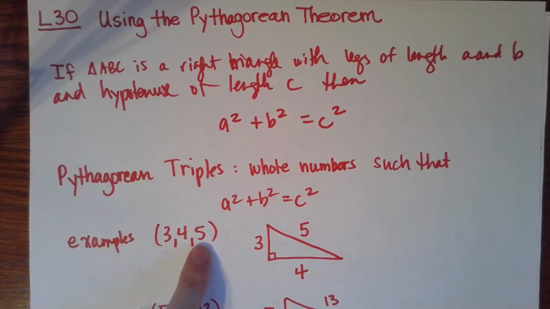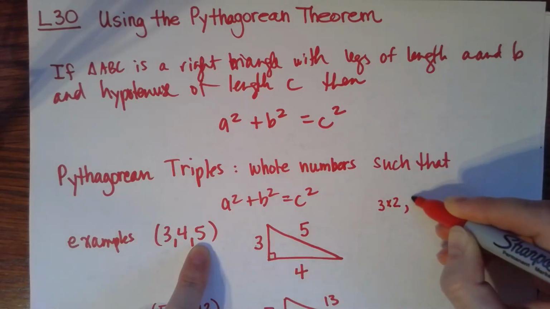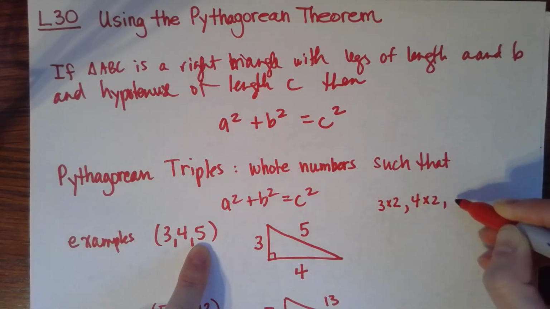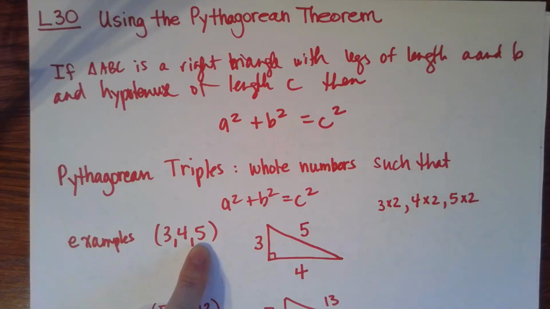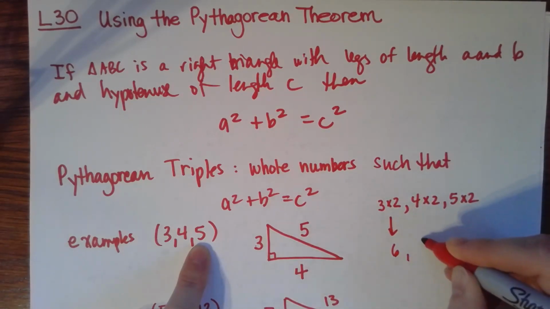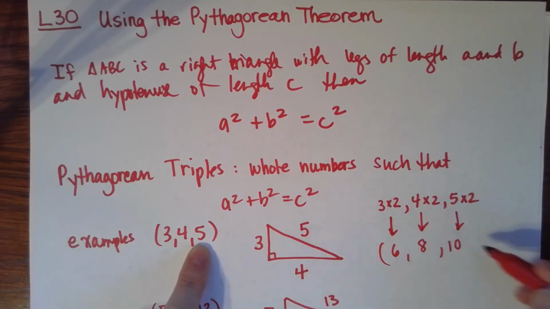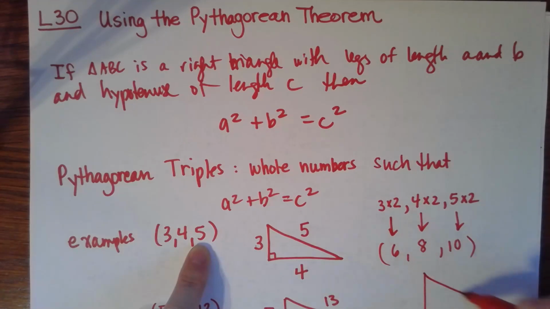If I took 3 and multiplied it by 2, and 4 by 2, and 5 by 2, I would get another Pythagorean triple: 6, 8, 10. We can verify it. 6 and 8 give 36 and 64, which is 100. The square root of 100 is 10.